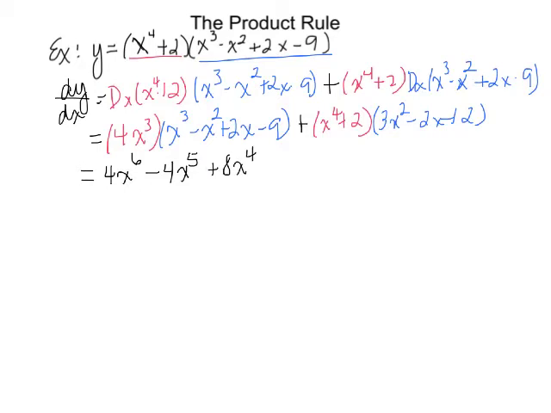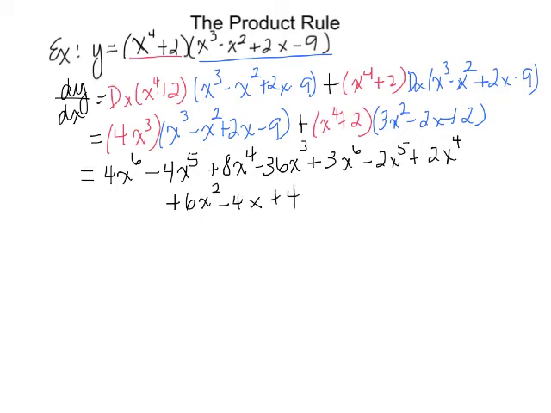And 9 times 4 is 36, so 36x cubed. Okay, now I'm going to distribute the x to the 4th, so that'll be plus 3x to the 6th minus 2x to the 5th plus 2x to the 4th, and then I'll distribute the 2, plus 6x squared minus 4x plus 4. Okay.